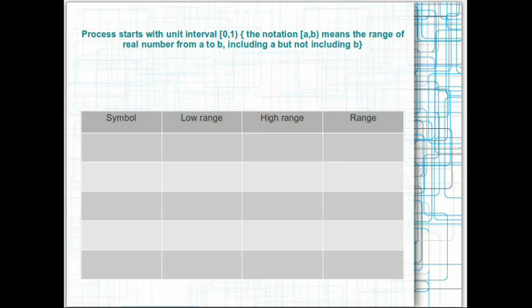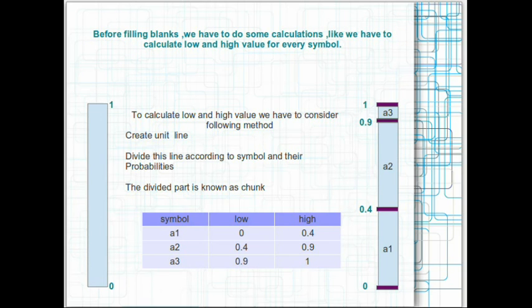After that we have to prepare a table and fill it to get the tag value. But before going into the detail, first we have to do some calculations. We have to find the low and high value for each and every symbol. Now how to get these values? First create a line.